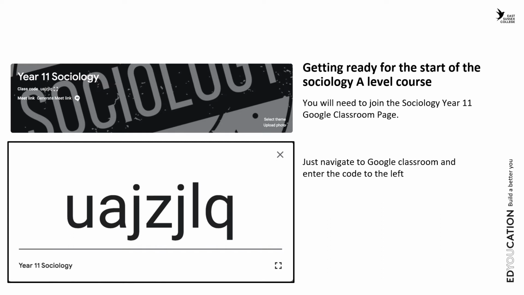Some are things like watching films, others are about a couple of articles to read, some things involve answering questions. There's even some things about doing research of your own and asking questions to members of your family about things. Okay, so it's about giving you a bit of a range of the sorts of things that you can expect, and the expectation is that you will have that prepared come end of August when you enrol onto the course.